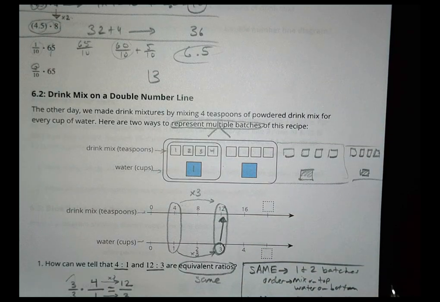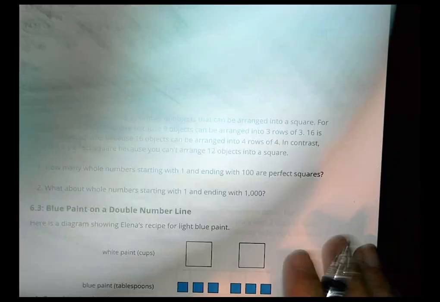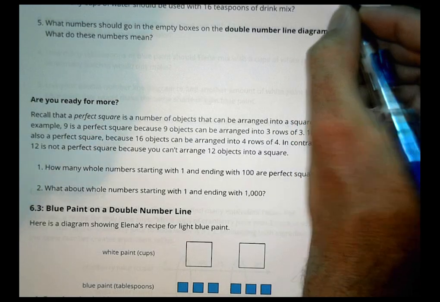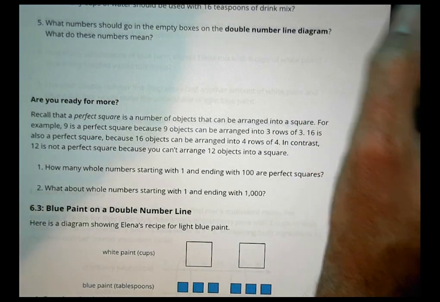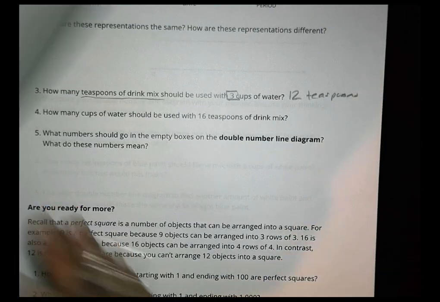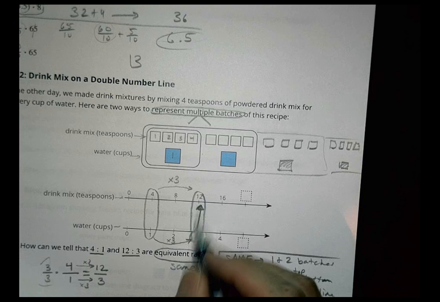So it's kind of convenient to have the double number line. So we would say in response here that you would need 12 teaspoons, right? That's all there is to it. So, I'm sorry, all I should do is show you the answer there. So 12 teaspoons to go with 3 cups of water because that's what it indicates here on the double number line.